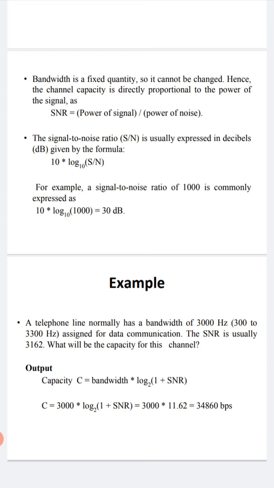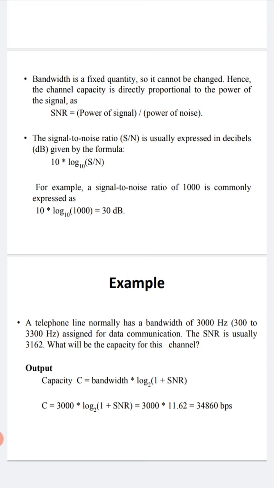Normally, the telephone line's bandwidth may be 300 to 3300 Hz. But in our example, the telephone line bandwidth is 3000 Hz. So we can apply the value for the bandwidth, 3000 Hz. Then the SNR value in the given example is 3162. Now we have to find out the capacity.